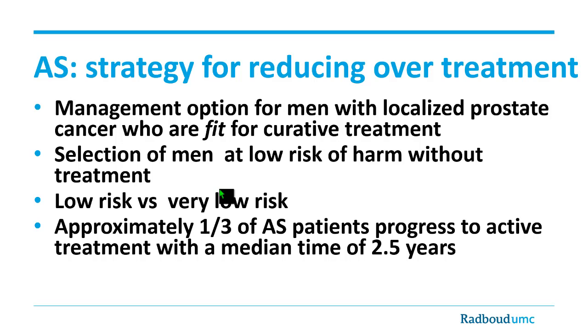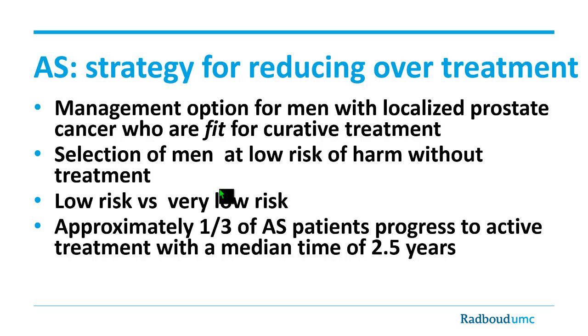Active surveillance is actually the strategy for reducing overtreatment, and it's a management option. On one side of the spectrum you do active surveillance, and the other side of the spectrum is active treatment, like radical prostatectomy or radiation therapy. It's a management option for men with localized cancer who are fit for curative treatment, and you select men at low risk of harm without treatment.